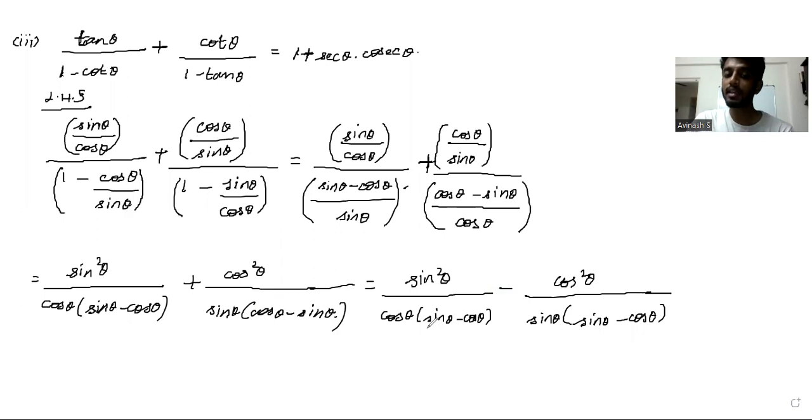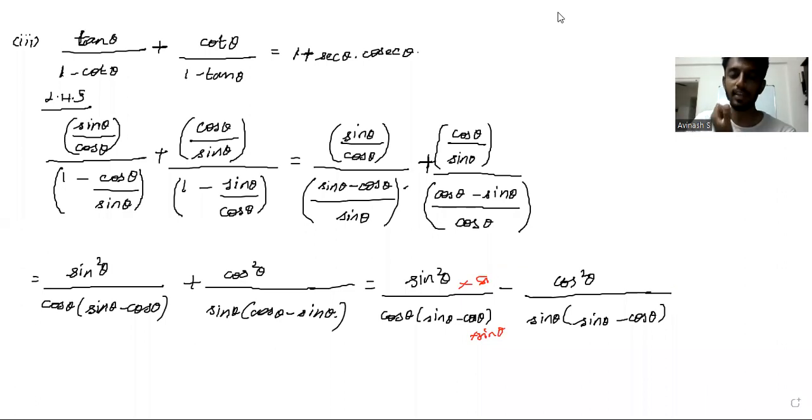Now you can see these two are the same. So taking LCM is very easy. The red underlined thing is the common thing. So the only LCM is sin theta here and the only LCM is cos theta here. That has made the process a little bit easier. So now here the LCM is only sin theta, so you do into sin theta into sin theta. And here the LCM is only cos theta because that is the only missing term, so you do into cos theta into cos theta.